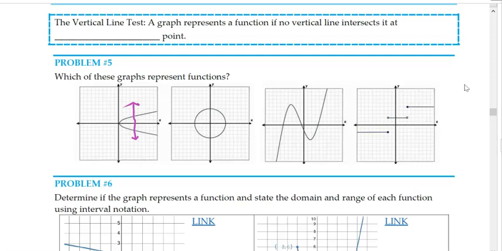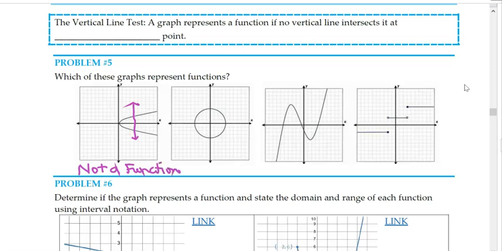If it crosses it more than once, it is not a function. If it only can cross it in one place, then it is a function. So we can see on this one that it fails the vertical line test. So this is not a function.